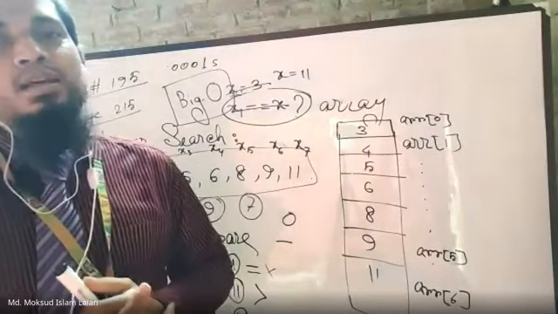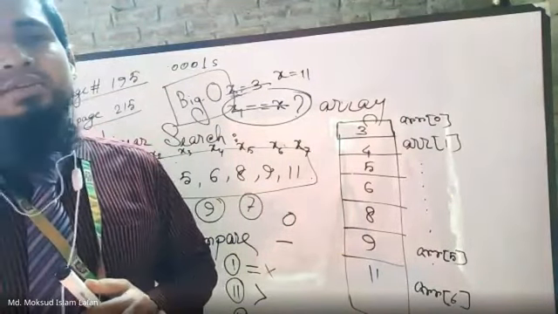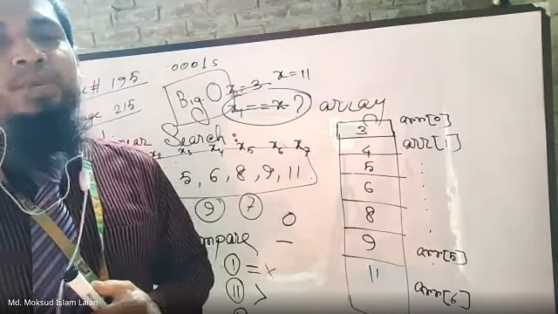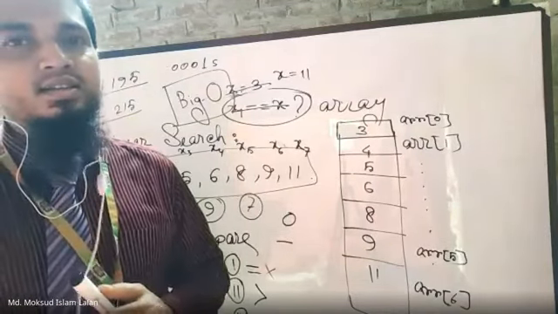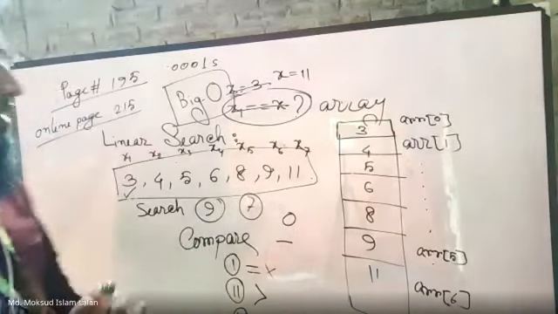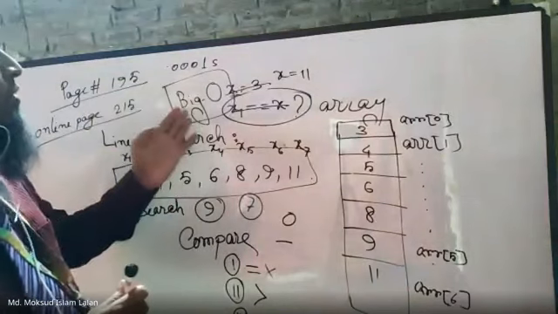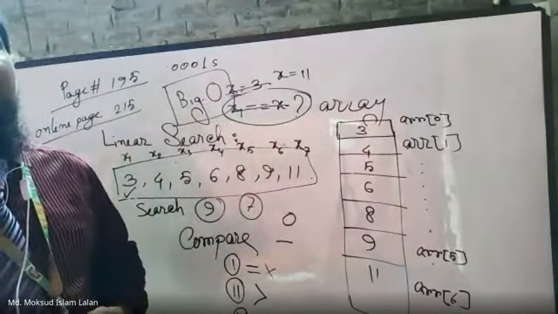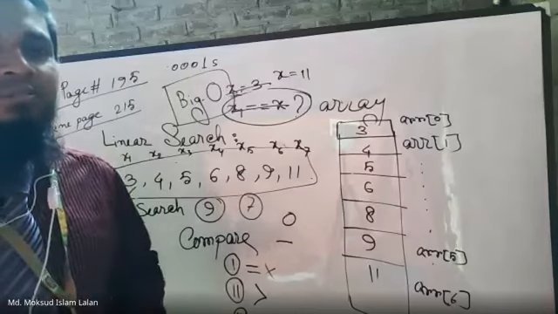So maybe 50% execution, that automatically will be less, right? Yes, sir. So I think we'll explain Big O later, and we are going to solve the problem that is Big O, not omega and theta, only Big O.